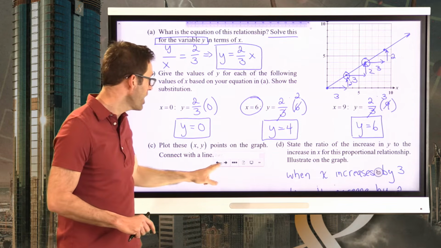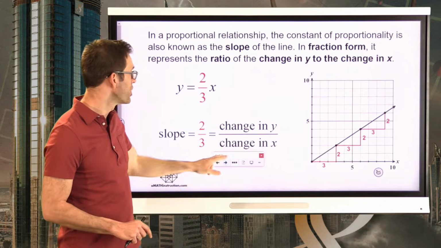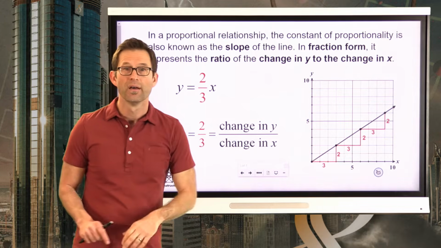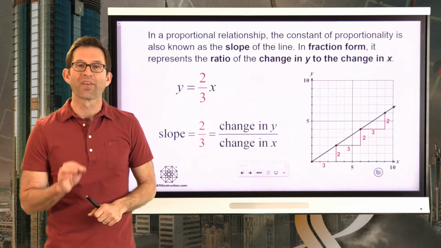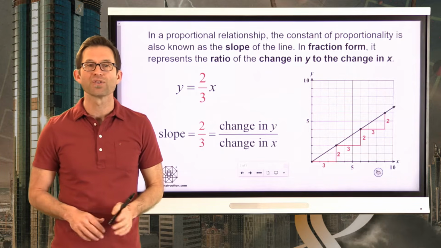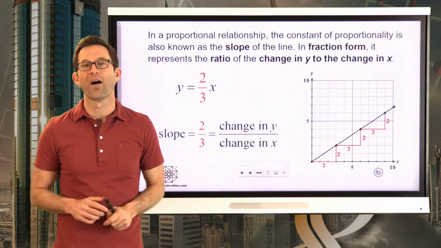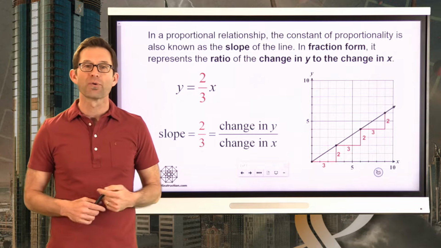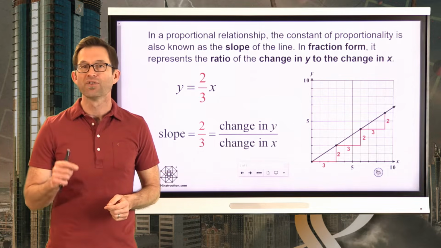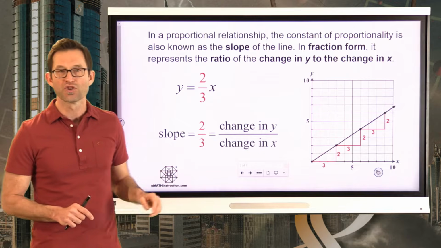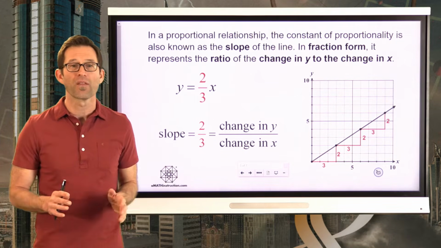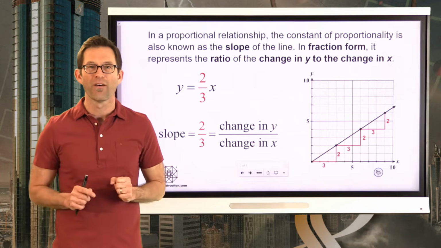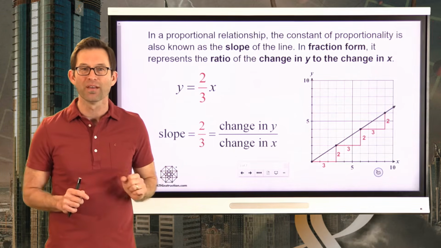Okay? Now again, as I mentioned, this gets into an amazingly important idea, so let's get into it right now. In a proportional relationship, the constant of proportionality is also known as the slope of the line. In fraction form, it represents the ratio of the change in y to the change in x. So that 2/3, that's that thing I mentioned right at the beginning of the lesson, the slope of the line, how steep it is.